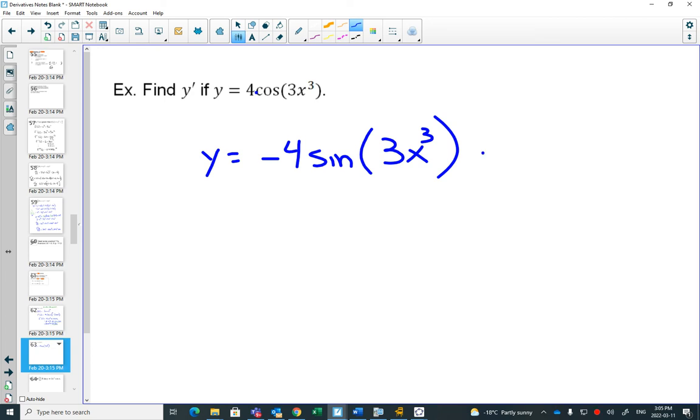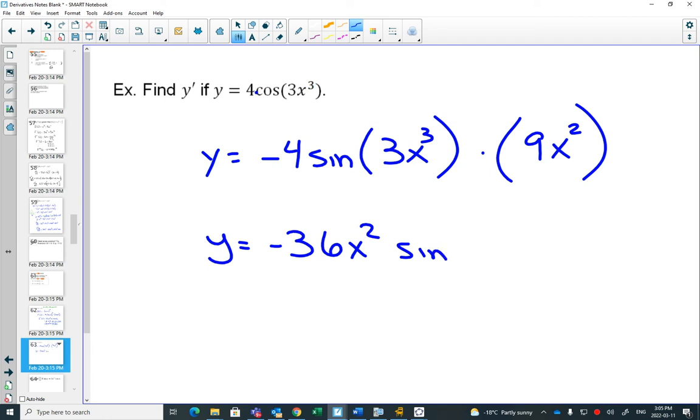And then you multiply by the derivative of the inside function. This is my inside function, 9x squared. As far as writing this, if you would simplify this in the end, you would write negative 36x squared sine 3x cubed. Whoops. I forgot my little dash. There we go.